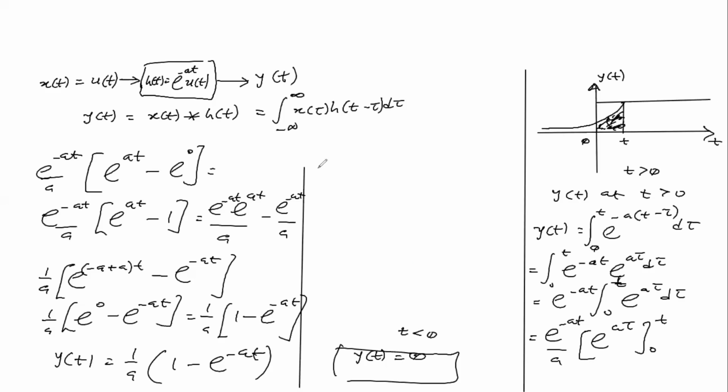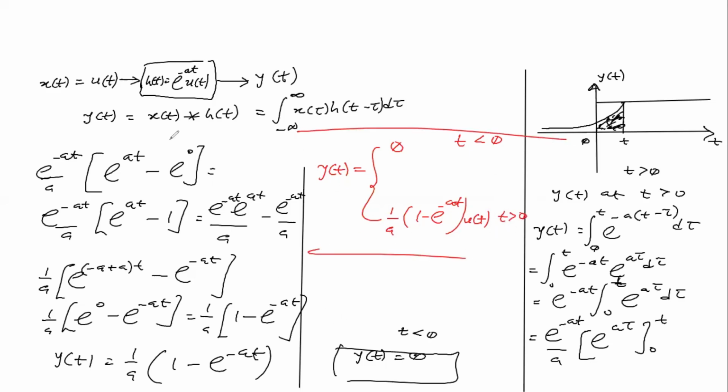So say y of t is going to be 0 at t less than 0, and then it's going to be 1 over a, 1 minus epsilon minus at, say u of t, at t greater than 0. So this is what we get from this convolution process.